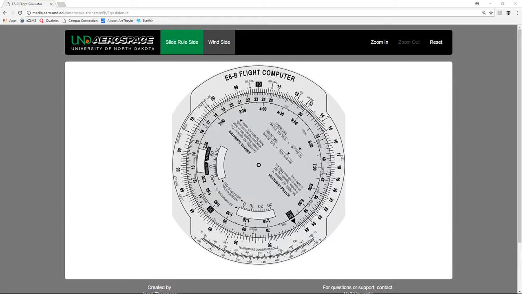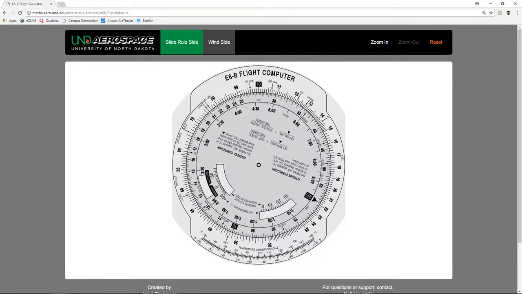In the next example, we know our distance and we know our time, so we are trying to determine a ground speed. This will be a ground speed check. This is something that you will have to demonstrate in the aircraft during your check ride. We have a distance of 0.8 miles and we timed 22 seconds between our 2 points. So we'll find our distance of 0.8 on the A scale. We will use the number 80 to represent 0.8, and we will find 22 seconds on the B scale, which we could just use the number 22 to represent.